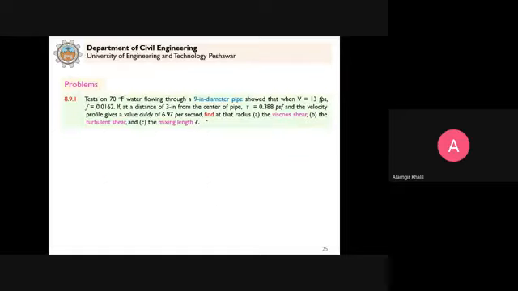Now we solve a problem. We have a test on 70 degree Fahrenheit water flowing through a 9-inch diameter pipe. It shows that velocity is 13 feet per second. Now the values are given to us at a distance of 3 inch from the center of the pipe. Remember, r is the distance from the center of the pipe towards the wall, and y is the distance from the pipe wall towards the center of the pipe.